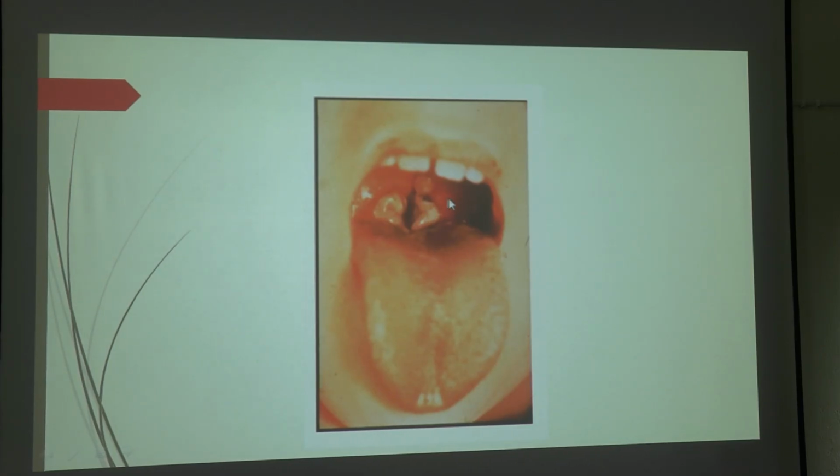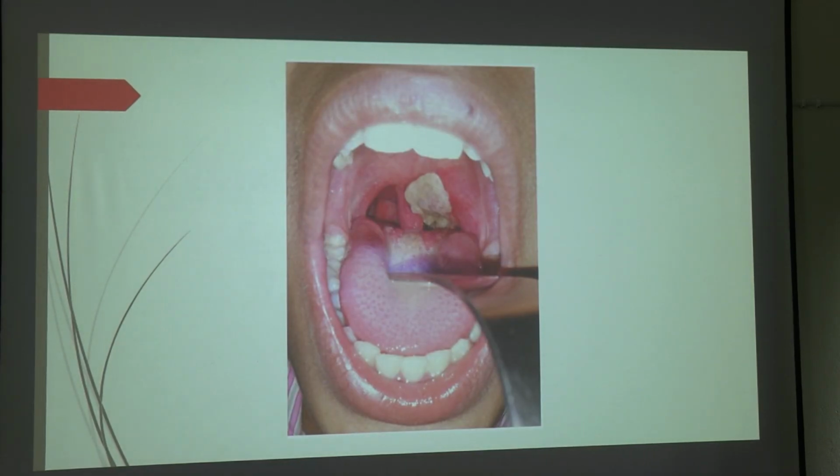Here, it is not clear whether it is extending anywhere outside. So the tonsil has gone somewhat toward the anterior tonsillar pillar, but most probably it is within the tonsillar fossa. Now see this picture. In this picture, this is the uvula, and this is the tonsillar fossa bilaterally. Now see, this membrane has eroded the uvula, hard palate and is extending behind.